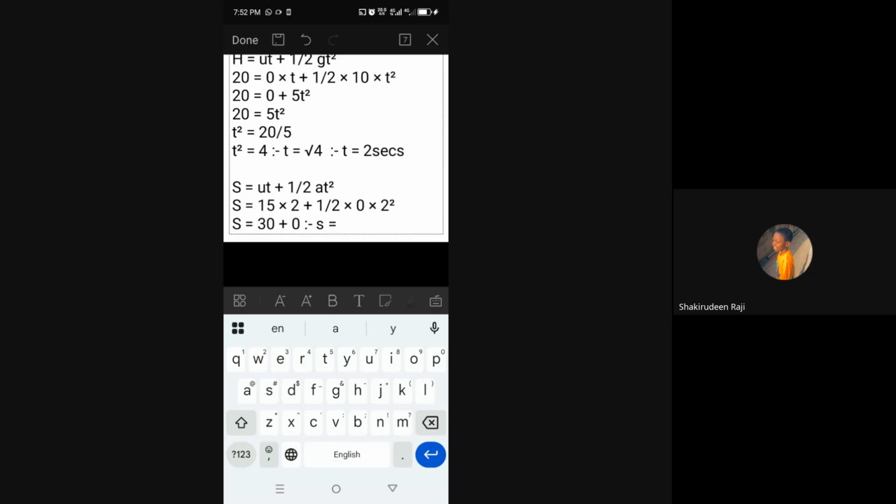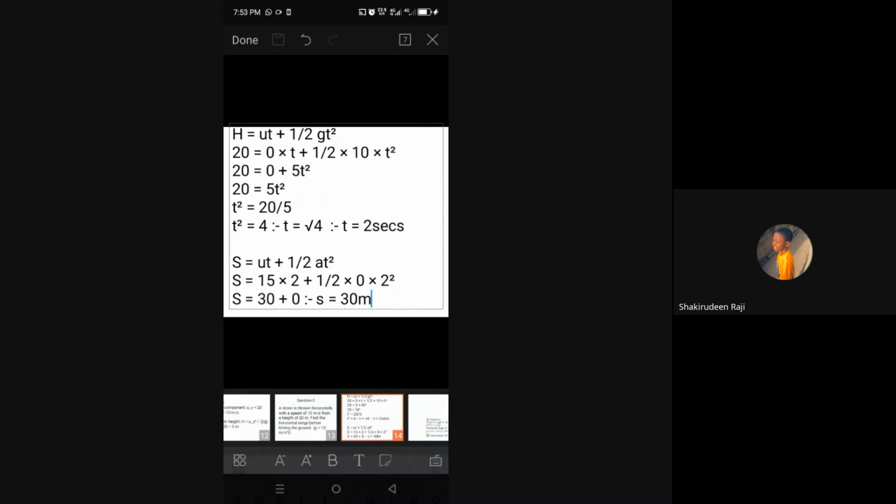Horizontal distance, distance on the ground. Don't forget. That is why I am using S equals UT plus 1 over 2 AT square. But if it is a vertical motion, you will not use A. You will use acceleration due to gravity. Please don't forget that.